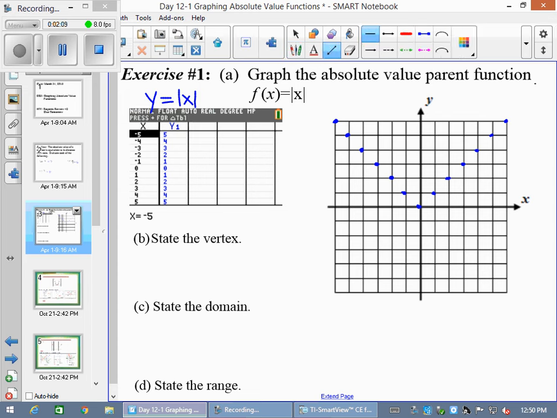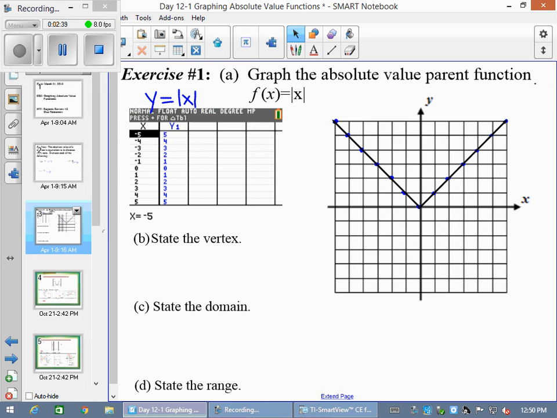I'm going to draw in the rest of my graph. Perfect as I can. There is your parent function, y equals the absolute value of x.